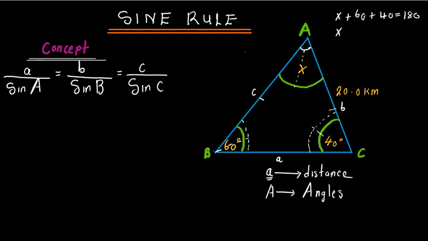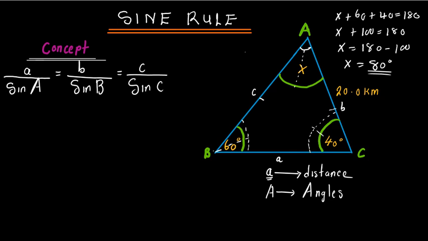So this is going to be x plus 100 equal to 180. So x is equal to 180 minus 100. So our angle is 80. We have 80 where there's x.